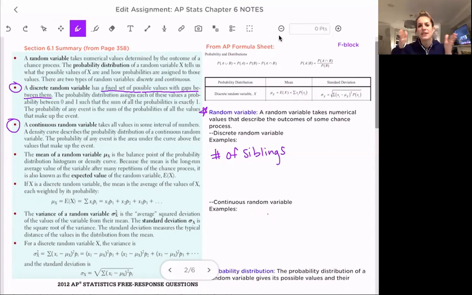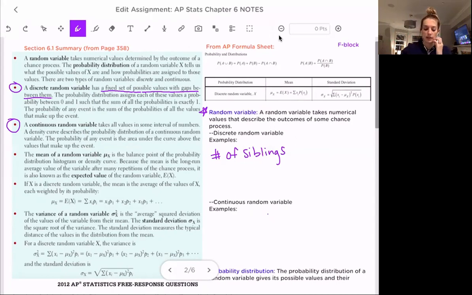And there are gaps between the values that it can take on: 0, 1, 2, 3. It can't take on the value between 2 and 3. You can't have 2.3 siblings, right? You can have whole number values of siblings, basically, from 0 up to really whatever that max value is. And there's gaps between, so it is discrete in that sense.